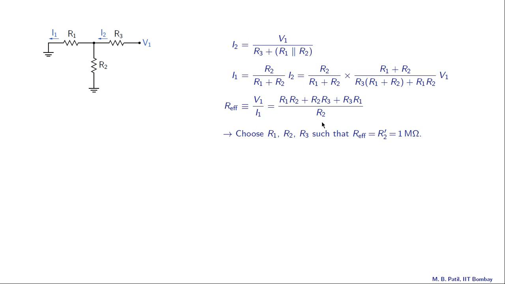And now our job is to choose R1, R2, R3 such that R effective, which corresponds to R2 prime in our previous slide, should be 1 meg. If we can do this without using large resistance values, then our design is done.